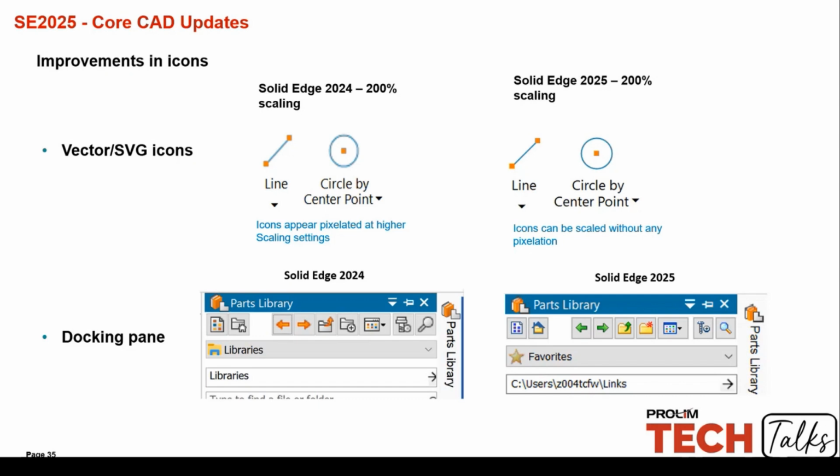This in turn lowers the overall file size, as Solid Edge does not have to keep adding new icon sizes for future settings. And then for the docking pane, new modernized icons are used, in the new icon style, so it gives it that matching feel with the new interface commands introduced last year to this year.